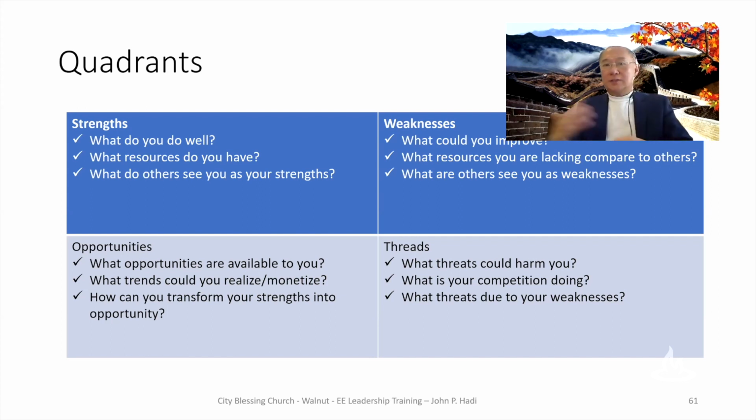Now, weaknesses. In this quadrant, you want to ask, what could you improve? What are the things that you want to improve upon? There are many. You know what? I'm not a detail-oriented person. Okay, well, that's an area of weakness. How am I supposed to fix that? I am impatient.